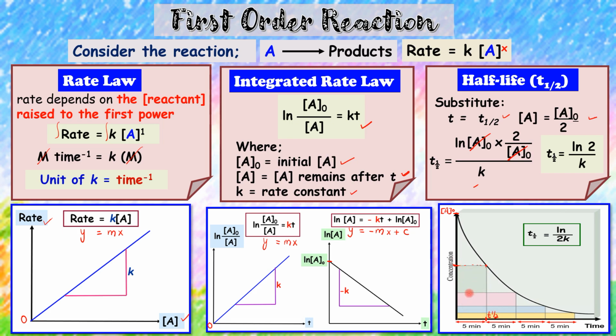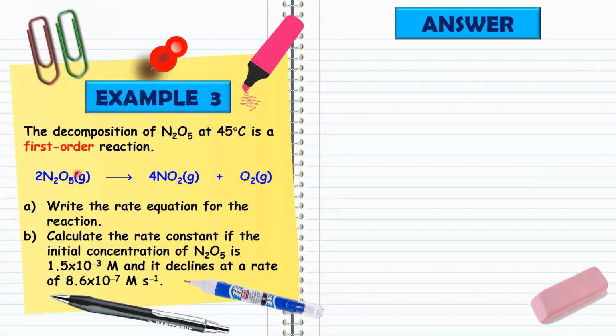Then for the second t half, half of it here, we get the second t half, which is also 5 minutes. Third half-life, we also get 5. So the trend is constant for each half-life, which shows that the reaction is first order. Right, we move to the example.